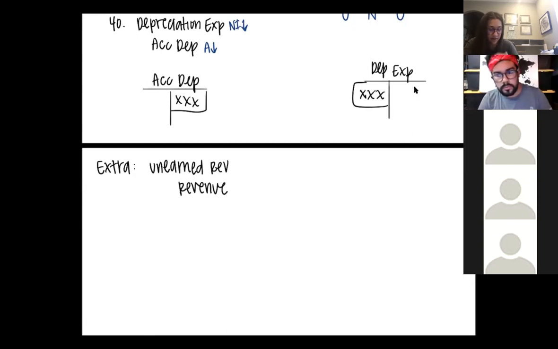And then what was the second one? Accrued revenue. Accrued revenue is something that you've earned but haven't been paid for yet. So you're going to debit AR and credit revenue.